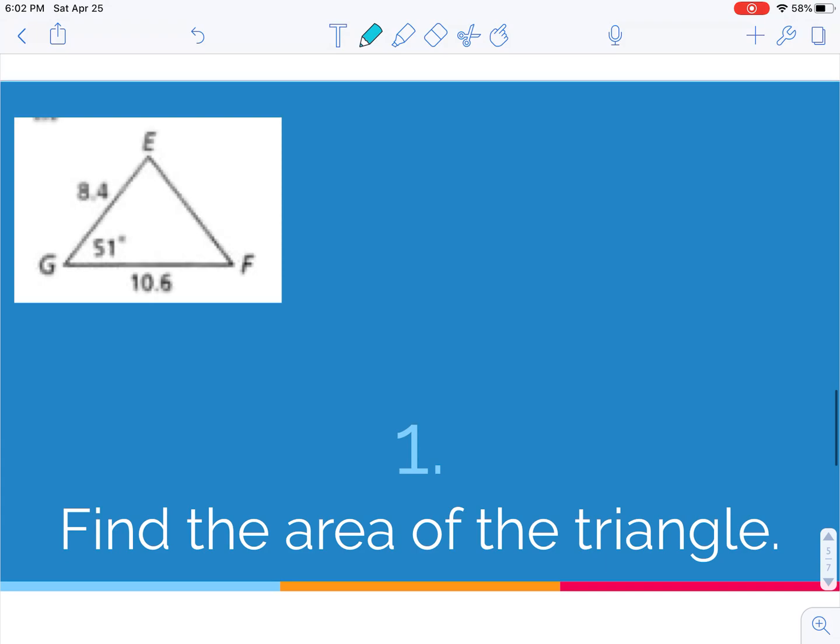So we're asked to find the area of this triangle. I'm going to start with my formula. 1/2 AB sine of C. And some of you are like, I don't know which one is A and which one is B. And cherubs, it does not matter because in multiplication, A times B is the same as B times A. So I'm just plugging in my two sides, 8.4 times 10.6 times the sine of the angle between them, 51.